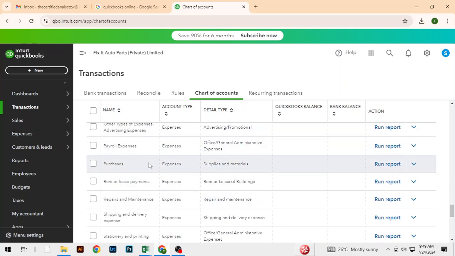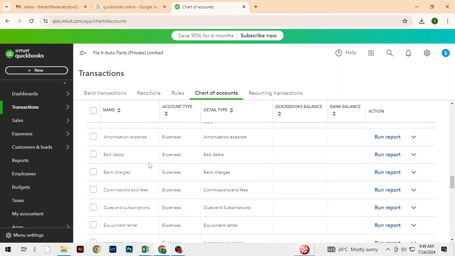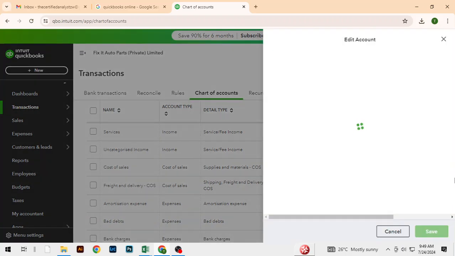Okay, so I want to go to the amortization expense. Let's say here you can edit that. For example, here you can just open it up or try to edit that. So it opens this page here where you can do the edits.